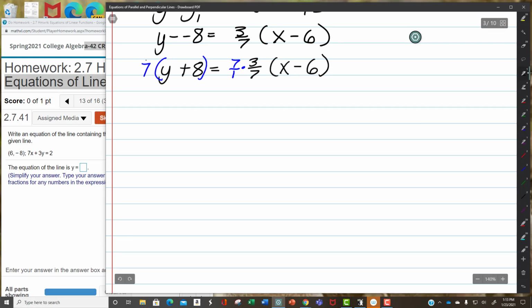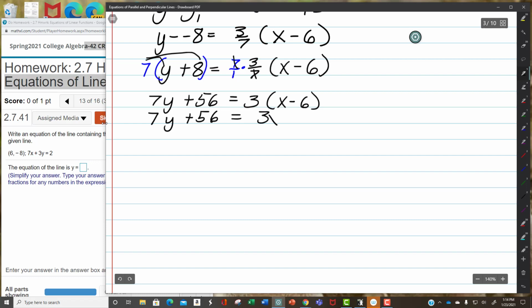Now distribute 7 times y and 7 times 8. That will be 7y plus 56 equals, the 7's cancel, leaving 3 over 1, or 3. So 7y plus 56 equals 3x minus 18.